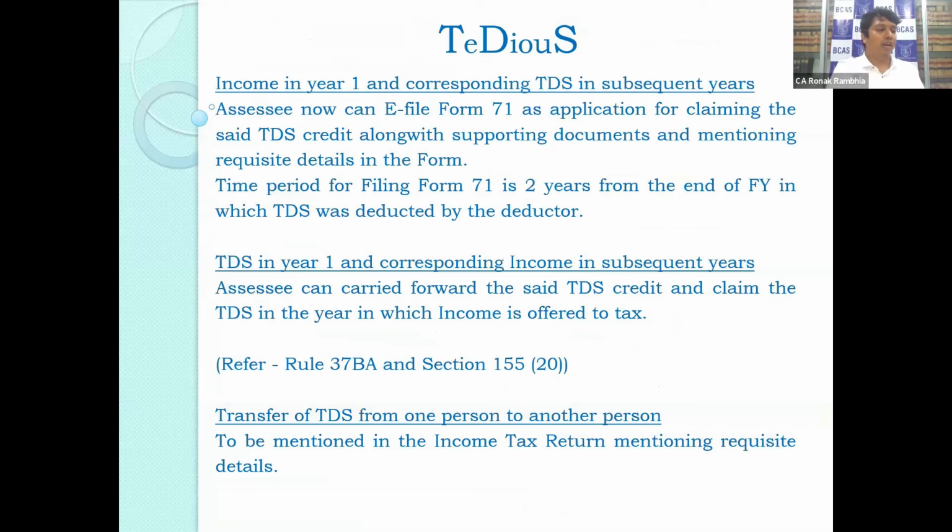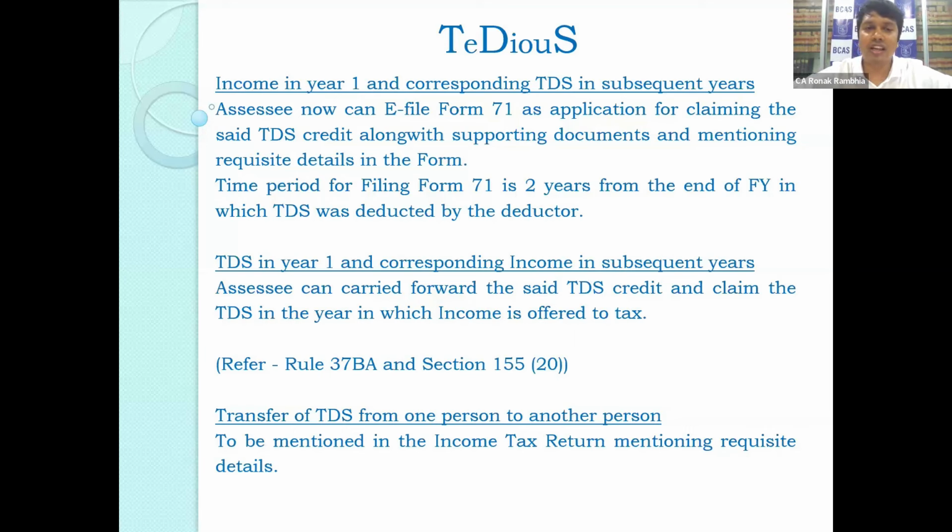Further, some important points are on the claiming of the TDS. Here I have taken some instances for claiming TDS and the corresponding income. For instance, you have income in year one and the corresponding TDS in subsequent years.